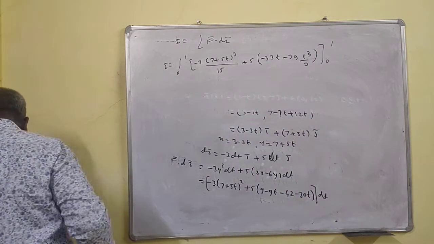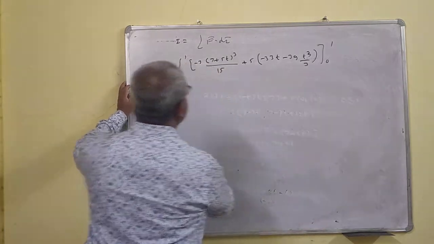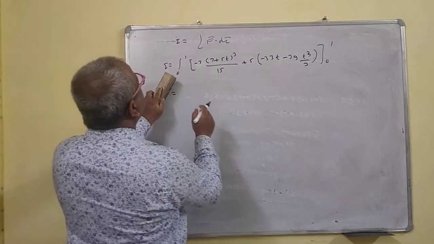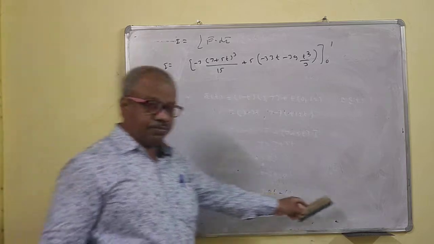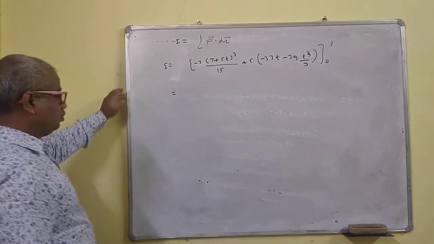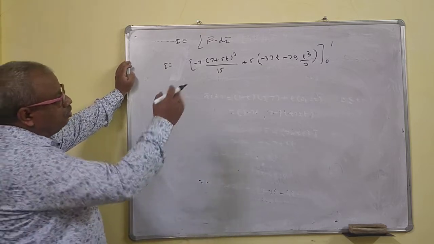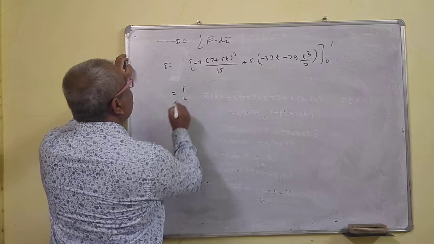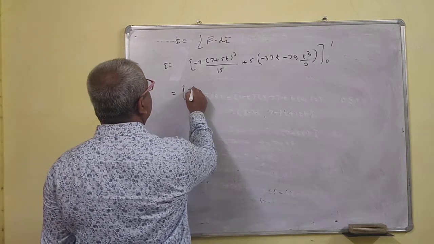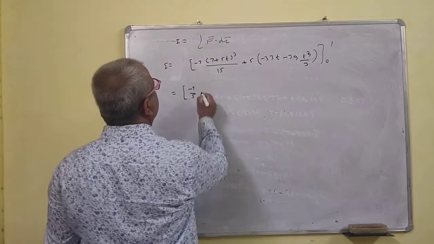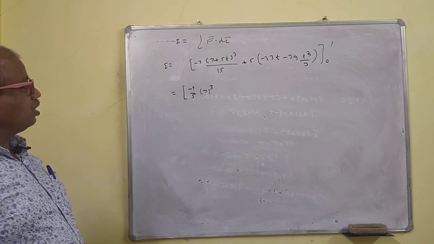Now we'll put t equal to 1 and t equal to 0. We have integrated this, so we just write I only, not 0 to 1 now. So we directly put here. Now we'll put t equal to 1. So what happens is, minus 3 by 15 is 1 by 5, this is 7 raised to 3.